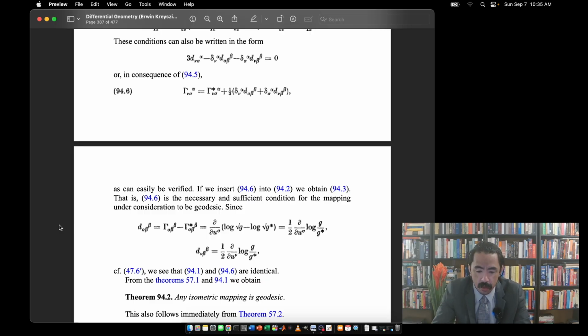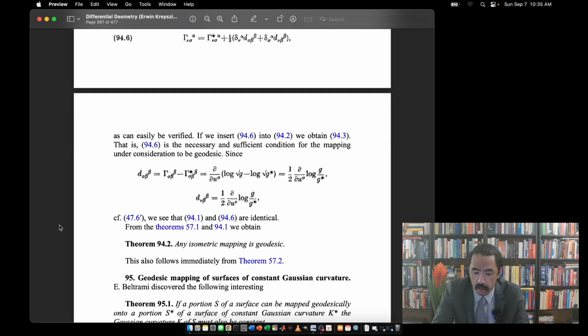And if we insert that into expression 94.2, then we obtain expression 94.3. That is, the expression that I had most recently read, 94.6, is the necessary and sufficient condition for the mapping under consideration to be geodesic.